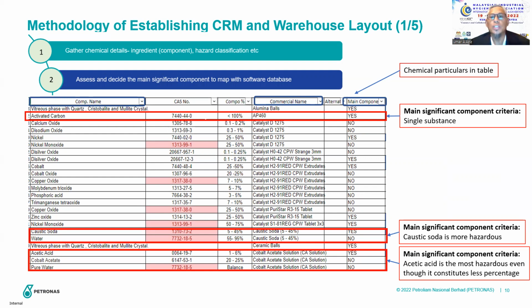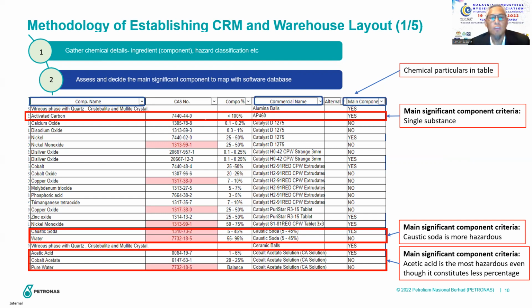To do this, we have to decide whether the chemical is a single substance or a mixture. If it is a single substance, it by itself is the main component. If the chemical has many ingredients, we have to choose the most hazardous one or the most reactive one as the main component.